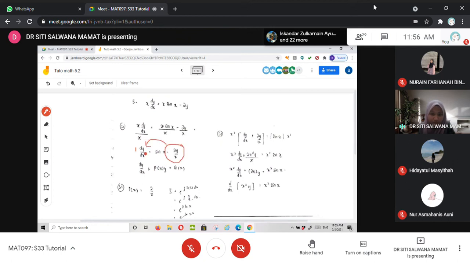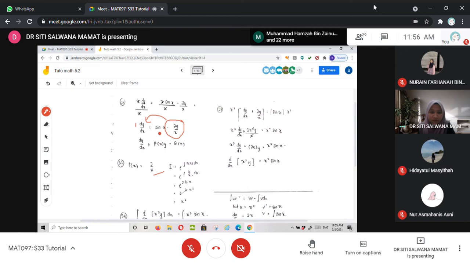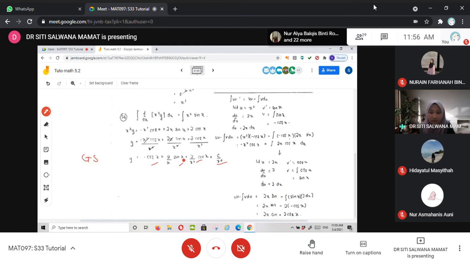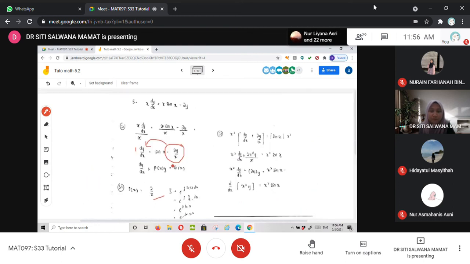Okay, so that our p of x is 2 over x. Okay, positive 2 over x. Okay, so you observe lah right hand you mesti in term of x. Okay, dia follow kita punya independent variable. Okay, so you punya dependent y, so our function nanti the end dia y sebagai subject lah.